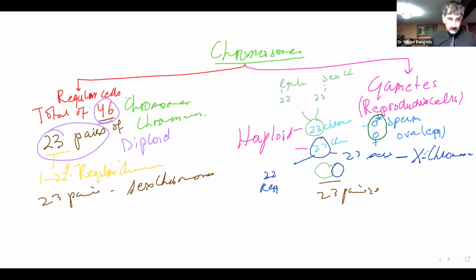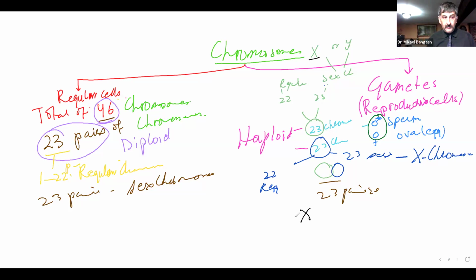Whereas the 23rd pair, or the 23rd chromosome, or the sex chromosome of the sperm can either be an X chromosome or it can be a Y. So it depends, because let's say the sperm that fertilizes the egg has an X chromosome.